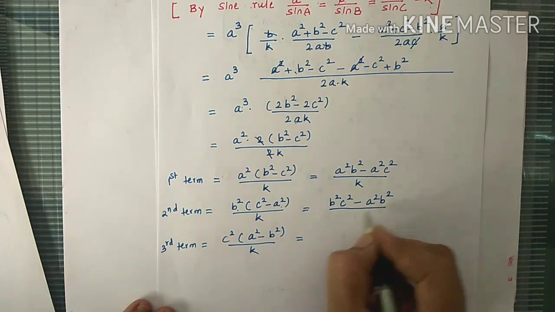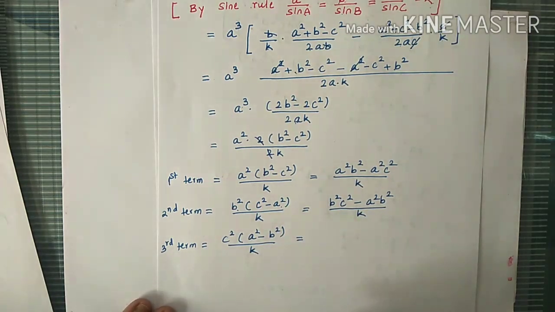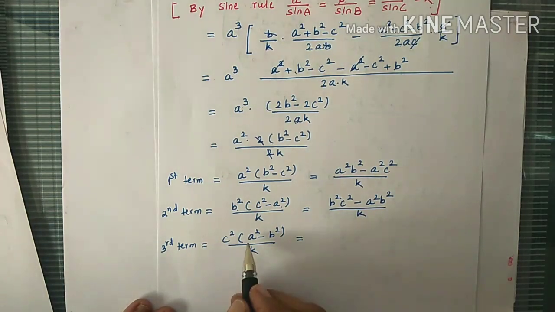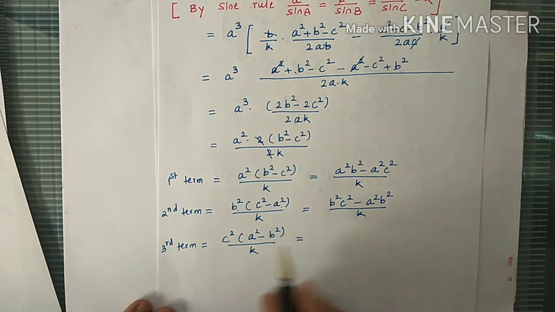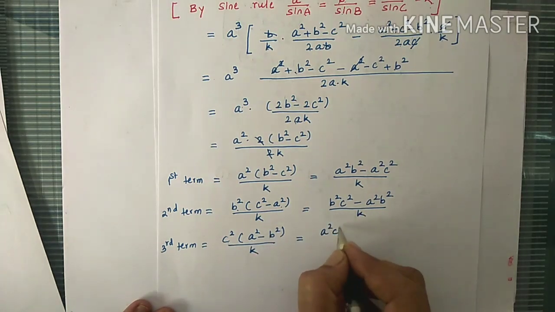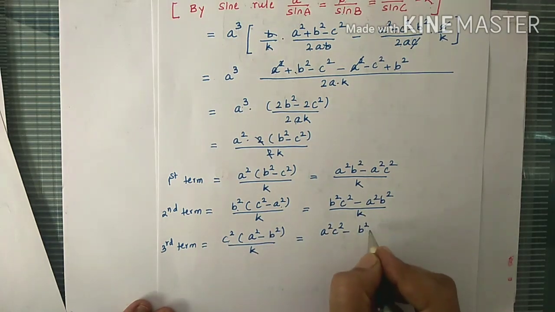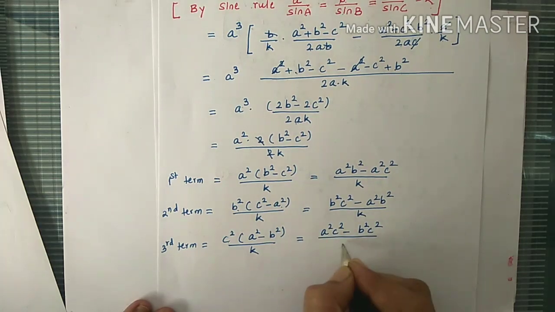So we are writing the sequence as ABC so that we can simplify easily. Multiplying these terms by C square, we get A square C square minus B square C square upon K.